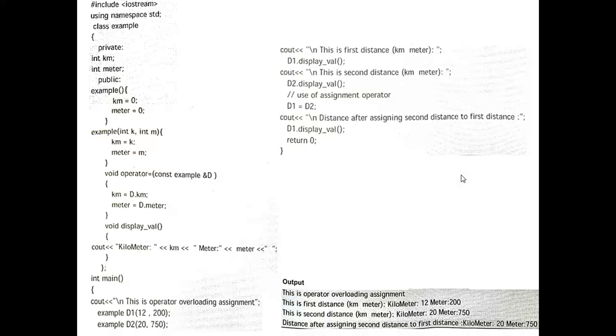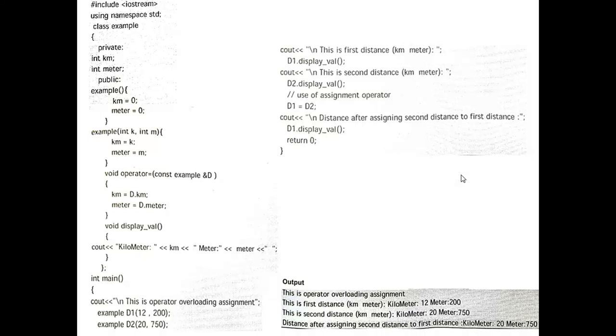Afterwards, in the main function, we are calling another cout. This is second distance, kilometer, meter. And in the same way we are calling the display function using the object d2. The same thing will happen. The values 20 and 750 will be displayed in kilometer and meter.